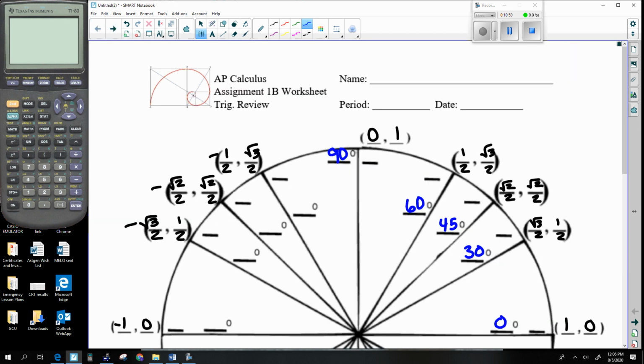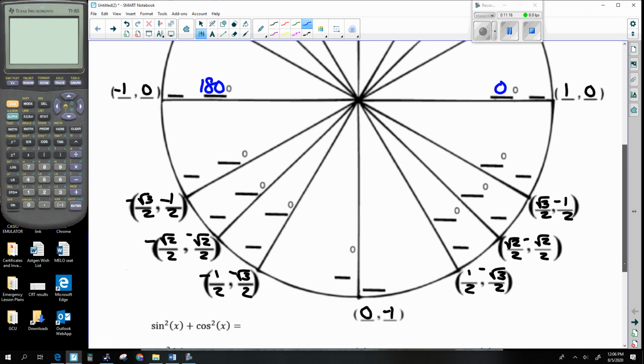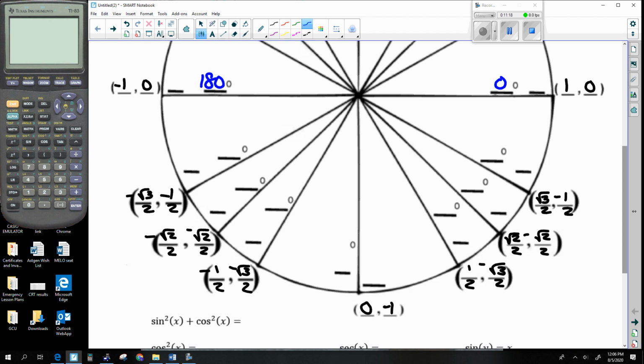So got my 30-degree angle. So my 30-degree angles would be 120 and 150, leaving this to be 180, obviously. And then your 45 would be 135 on that. Okay, your 30-degree angles would be 210 and 240, leaving this to be 270.